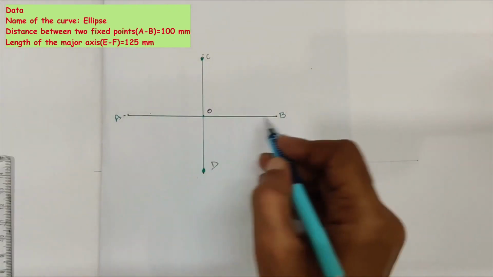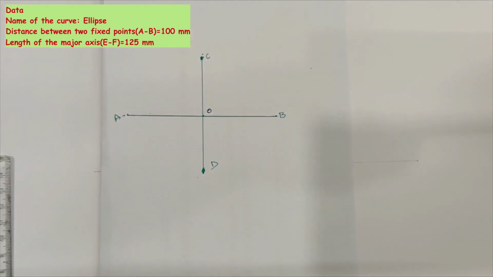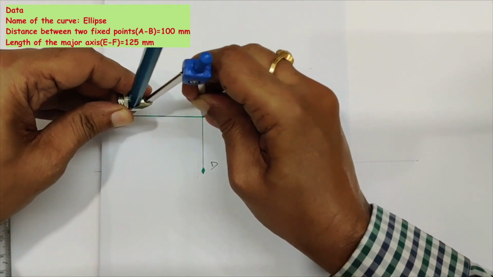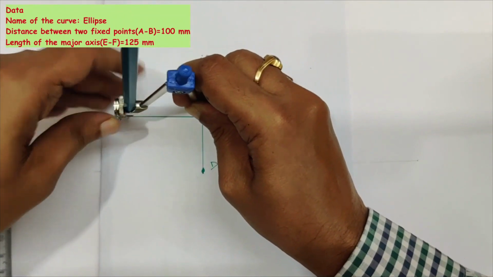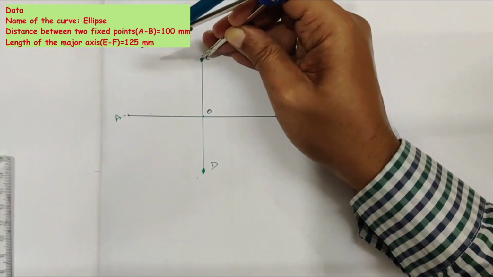Here, AB is the major axis, CD is the minor axis. Our objective is to locate the fixed points, say F1 as well as F2. For that, we will take half of the major axis, say OA, as radius, and one end of the minor axis, maybe C or D, as a center.